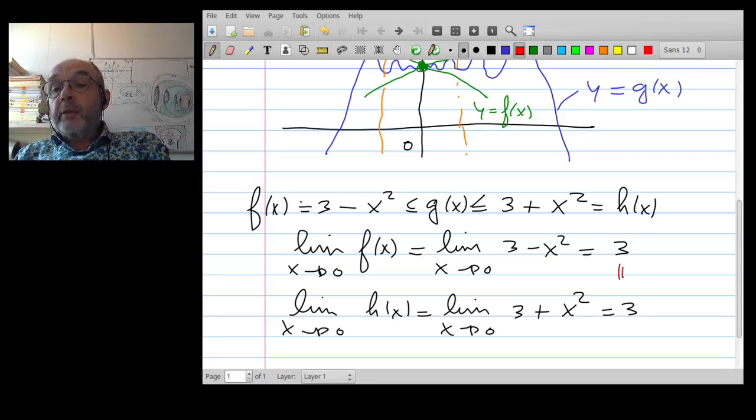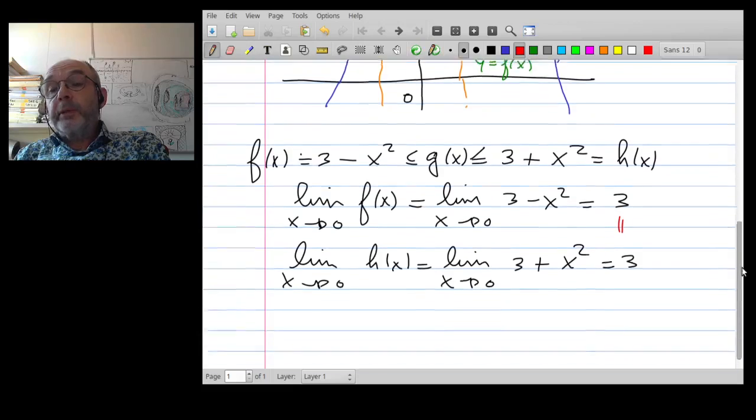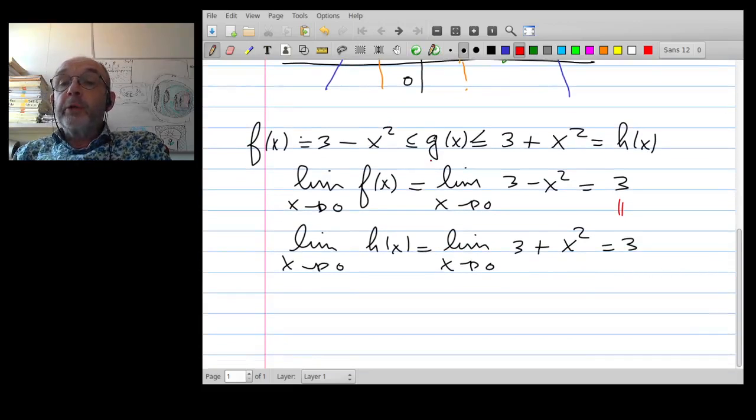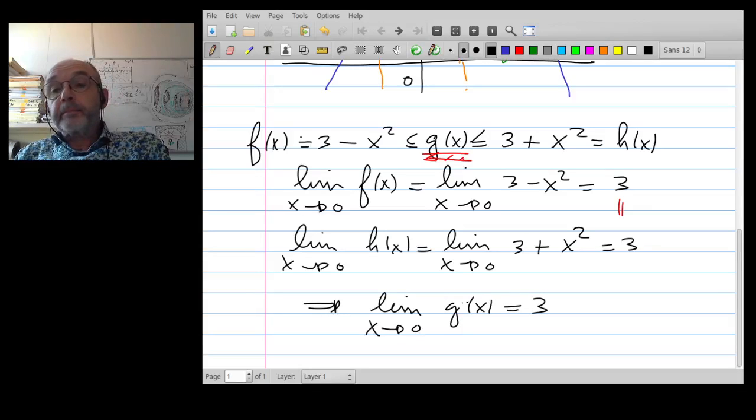Those limits of the upper and lower boundary are equal. Your g is between them, so we can conclude that the limit from x going to 0 of g of x is equal to 3. The upper limit goes to 3, the lower limit goes to 3, and so the function itself has to go to 3, and we have our limit.